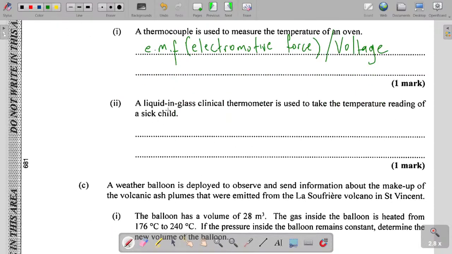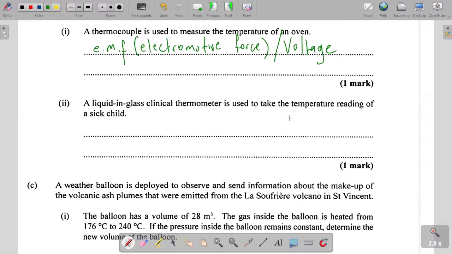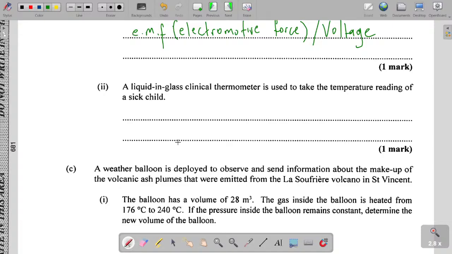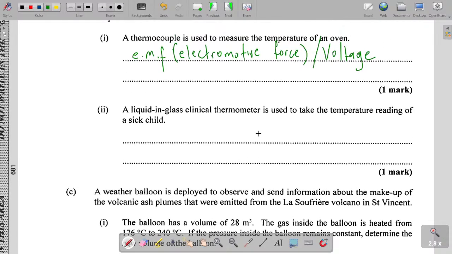The next one is a liquid in glass clinical thermometer, right, which is used to take the temperature readings of a sick child. So we use that to measure the temperature of human beings. So what is the property that varies with temperature here?